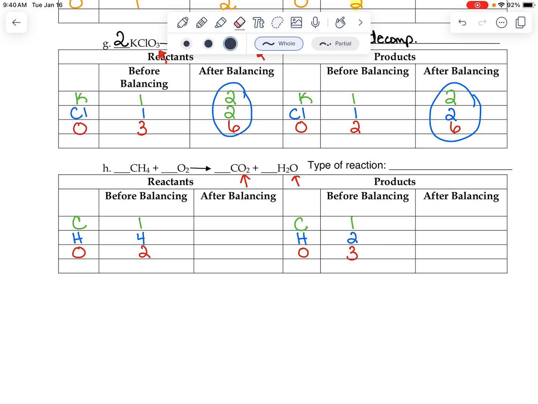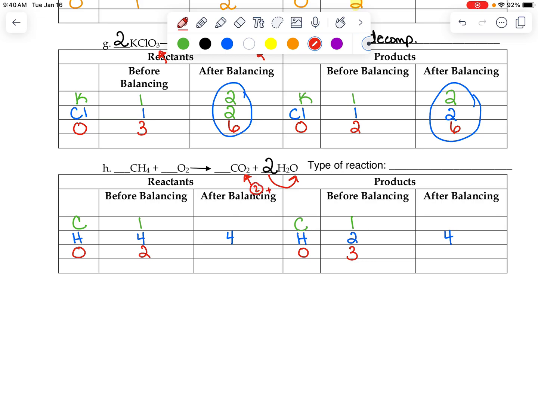So the first thing I'm going to do is fix my hydrogens. So I'm going to do that by putting a 2 in front of the H2O. When I do that, that gives me 4 hydrogens coming out. I have 4 hydrogens going in, so that's good. I also change my oxygen counts now, though, because remember, I've got 2 of them here, and then 2 times 1 is another 2 of them.